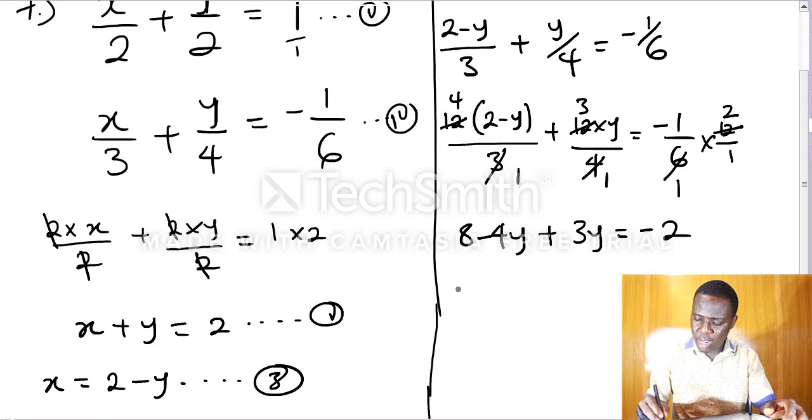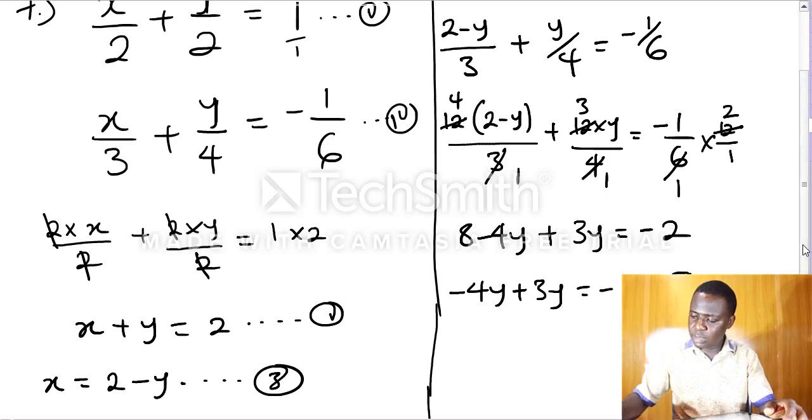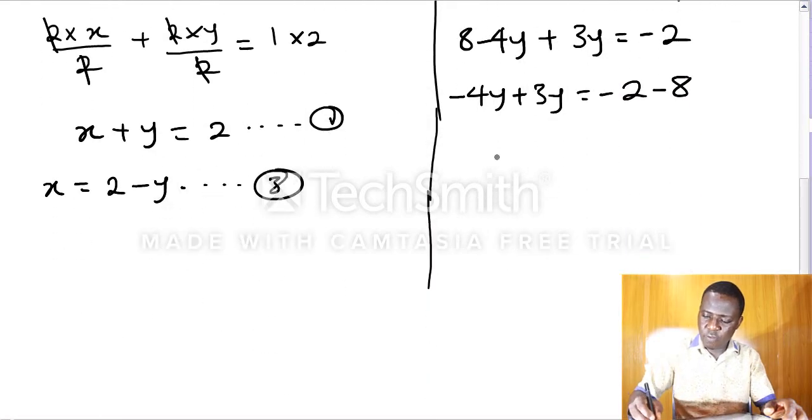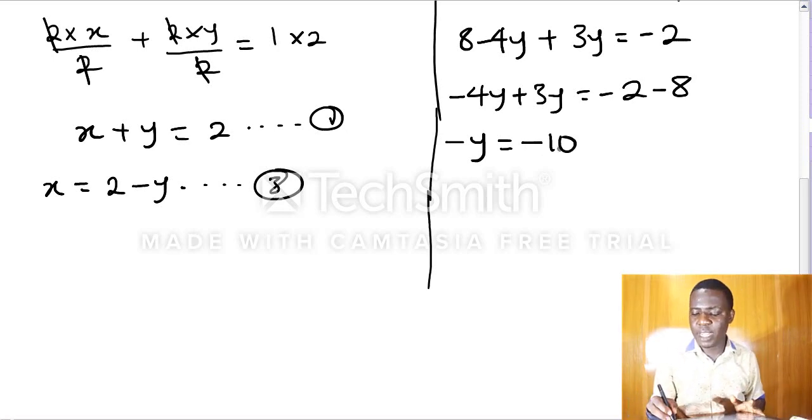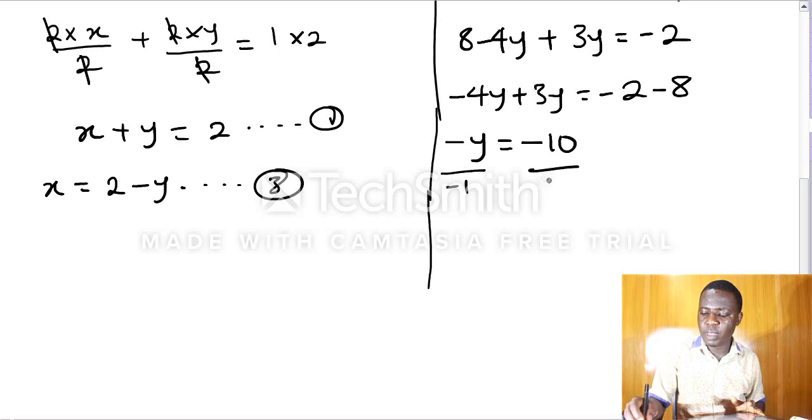Collecting like terms, you have minus 4y plus 3y is equal to minus 2 minus 8, and minus 4y plus 3y is minus y, being equal to minus 10. And when you divide both sides by -1, you have your y to be equal to 10.